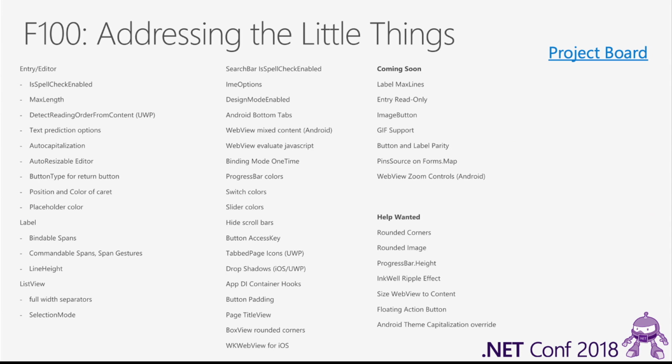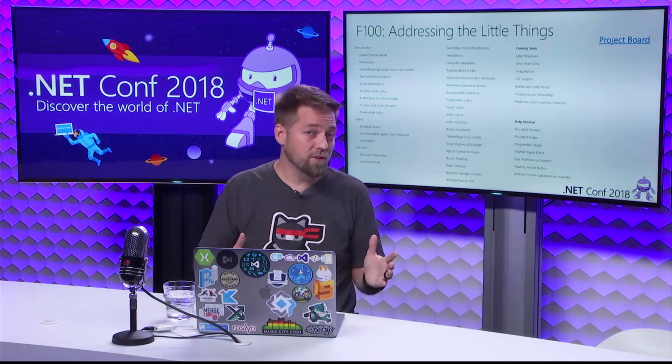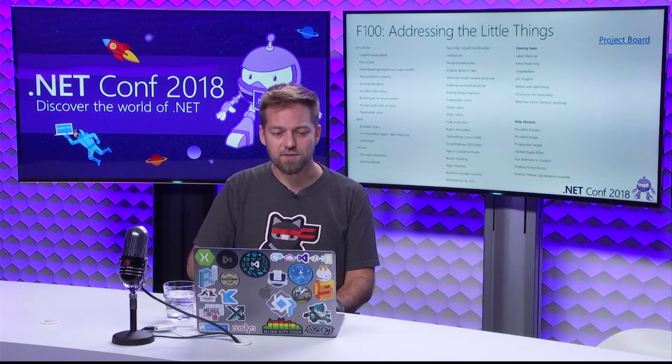Xamarin Forms just makes it easier for you in terms of creating that common UI layer, as well as some of the common API layers that are there for you to achieve more of that cross-platform productivity. So not to minimize that, that's an awesome power, and that's what drew me initially to Xamarin Forms when I came from native development, is that I could always access those things and I was not restricted in any way. But when you're doing the same things over and over again, let's go ahead and address those things.